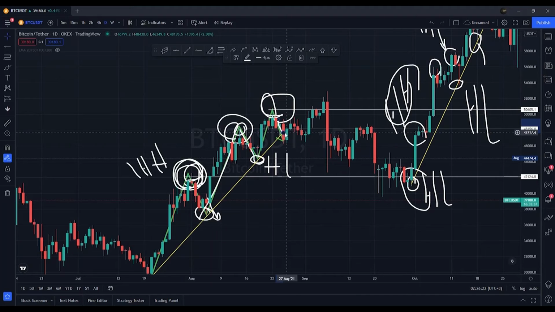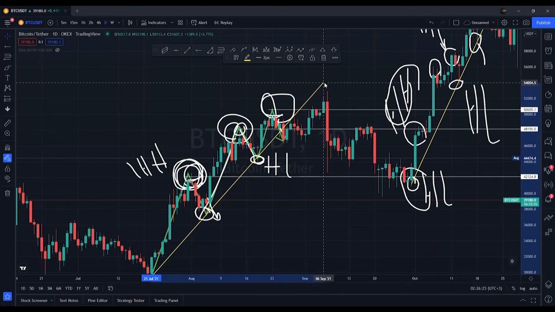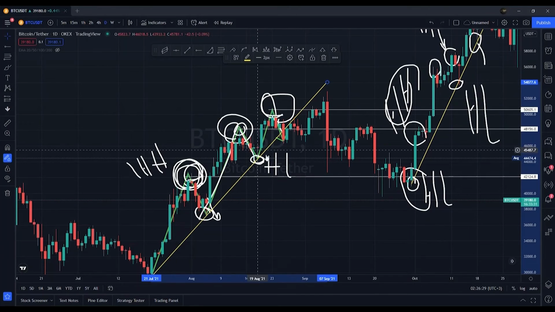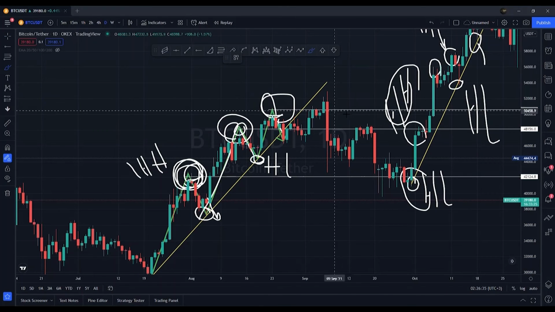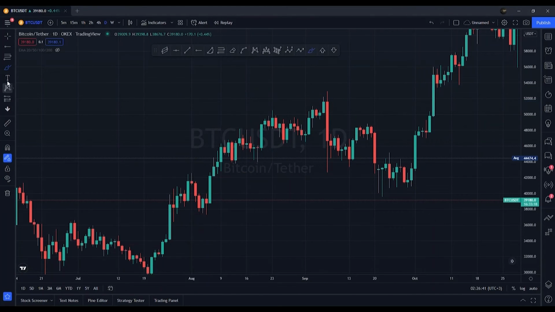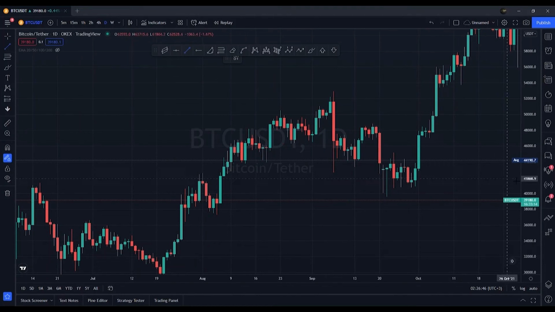At this time the price couldn't hold, and we didn't see another higher high. You might say, what about this? This is higher than this one. Then I'm going to show you another thing, because you are right.